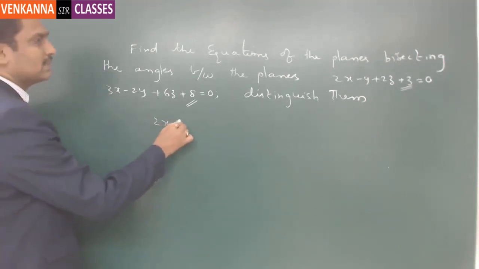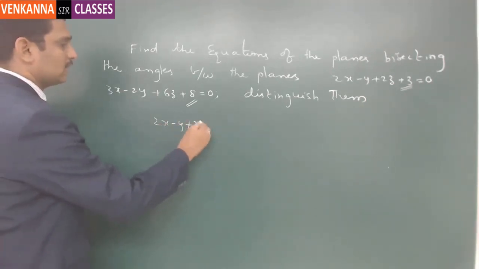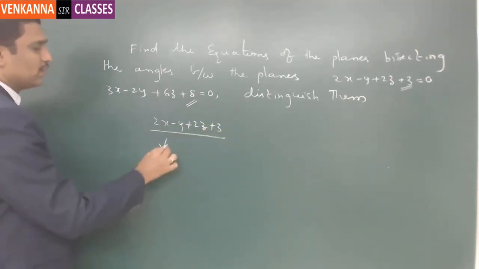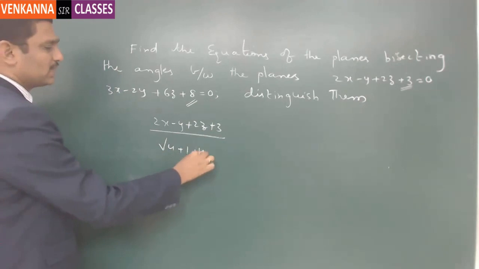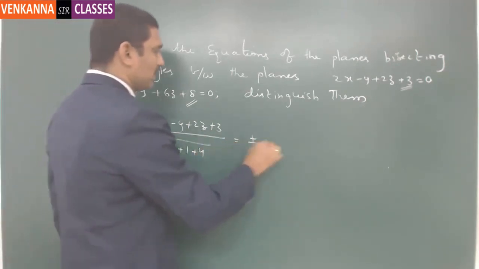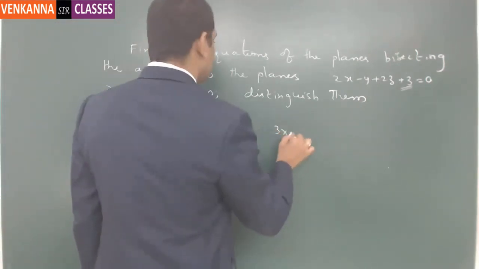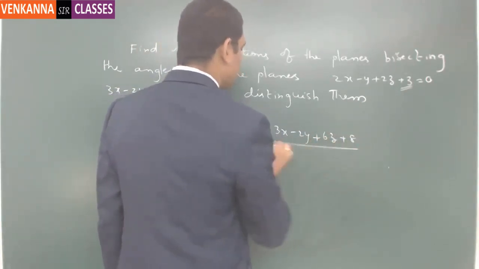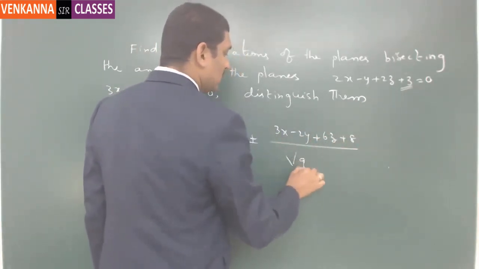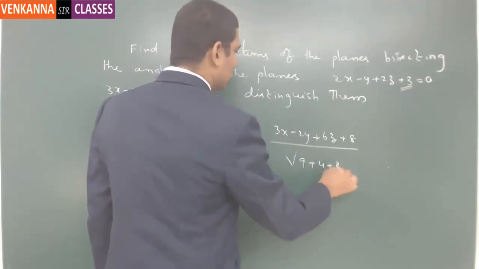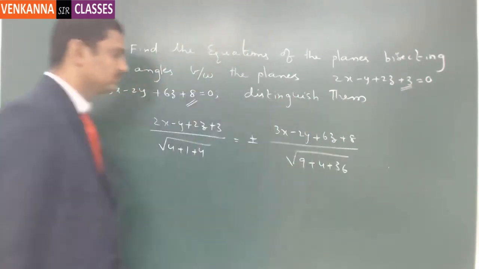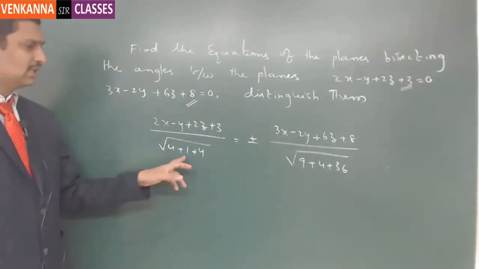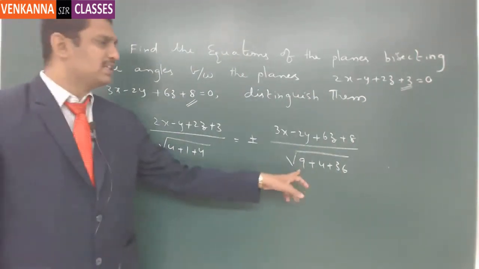So (2x minus y plus 2z plus 3) by square root of 4 plus 1 plus 4 equals plus or minus (3x minus 2y plus 6z plus 8) by square root of 9 plus 4 plus 36. If you simplify that, this value is 3 and this value is 7.